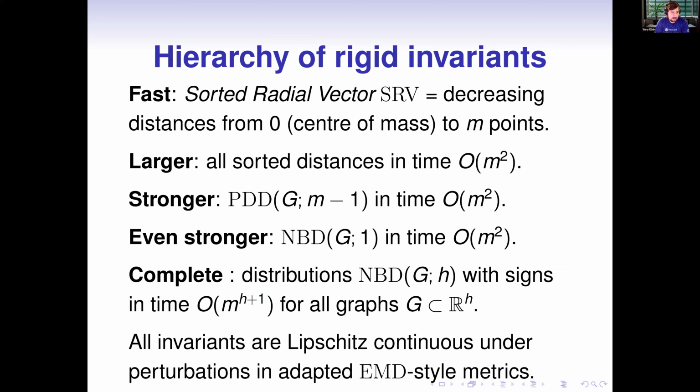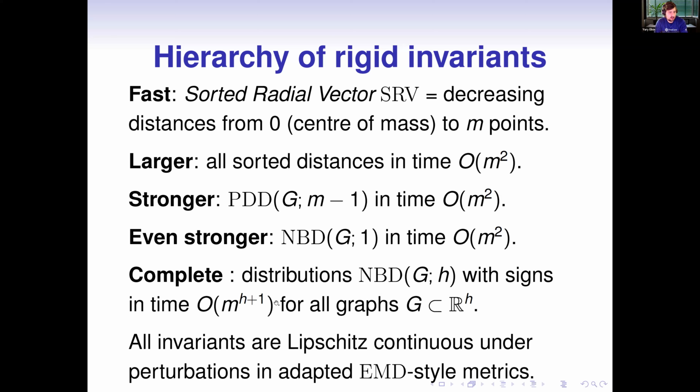So basically, here's the same thing. If we want a fast invariant, then we can use SRV, that is simply linear. Even larger invariant will be SDV, PDD is obviously stronger, and then NBD is also quadratic and a bit stronger than PDD, but basically uses the same information.